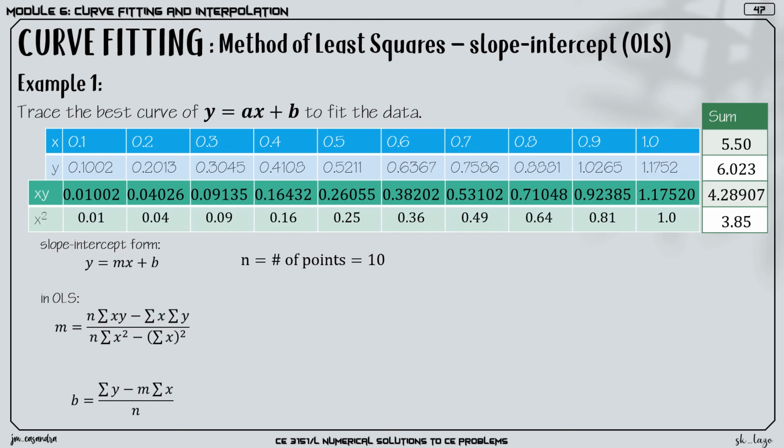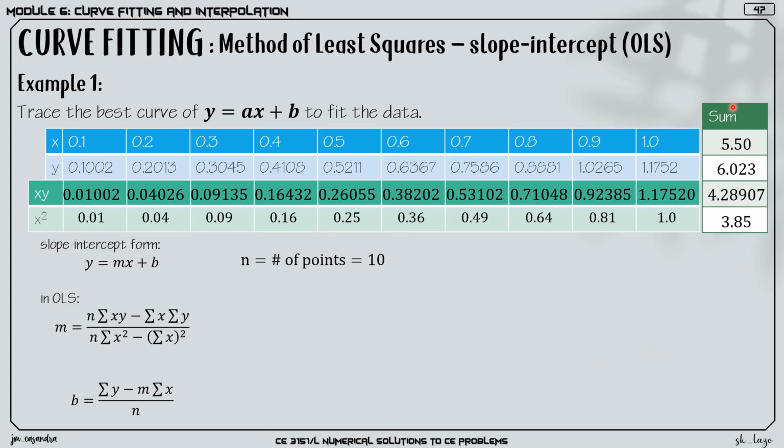That is now, for the sum of x, that's 5.5. The sum of y is 6.023. The sum of xy is 4.28907. And the sum of x squared is 3.85, which we have already solved in the previous examples.